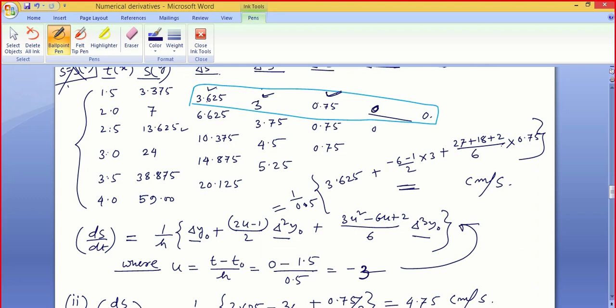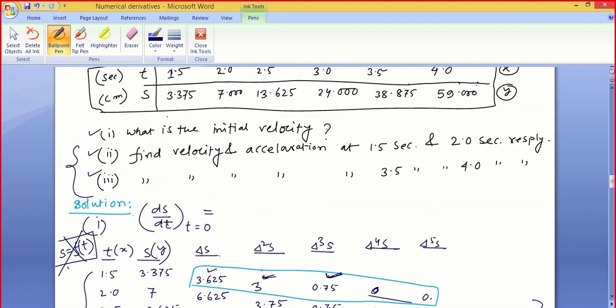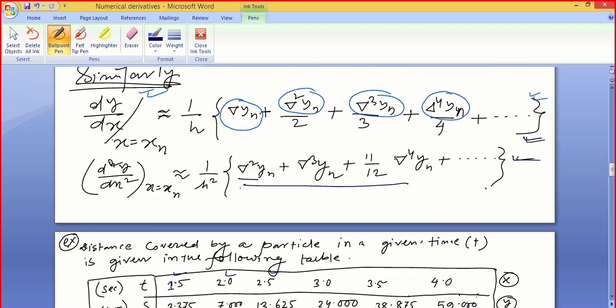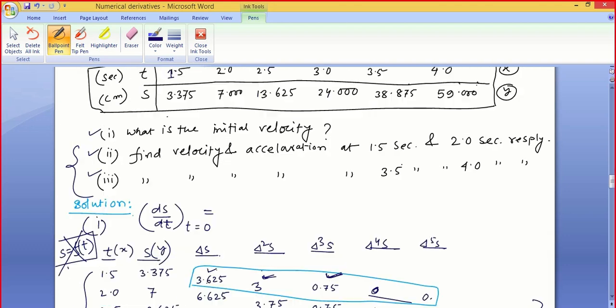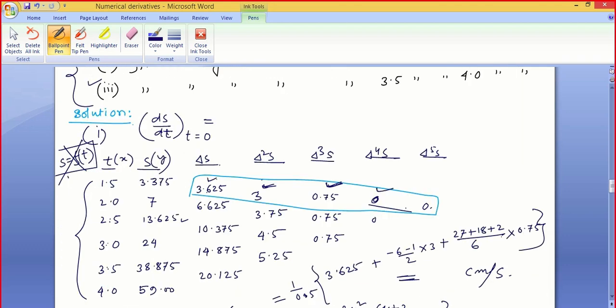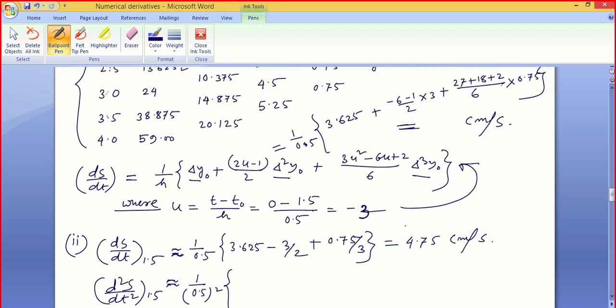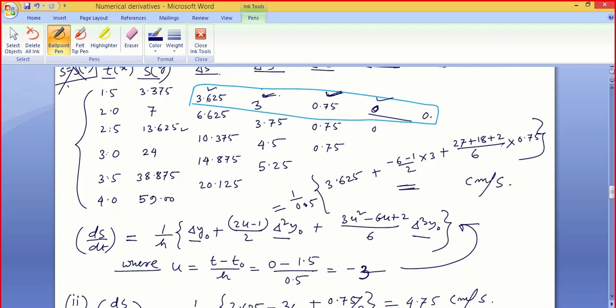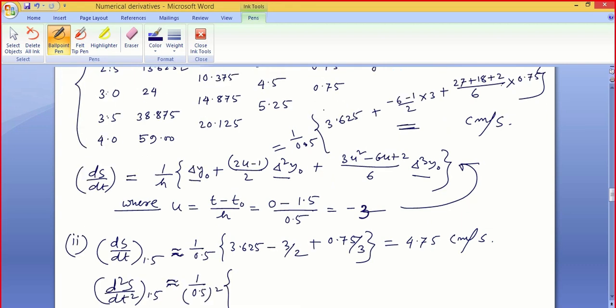So only these two terms you need, second difference and third difference, and in these two differences the denominator is 1. This term is 0, so you don't need it. Only these two terms will help you to calculate acceleration: 3 minus 0.75, isn't it?